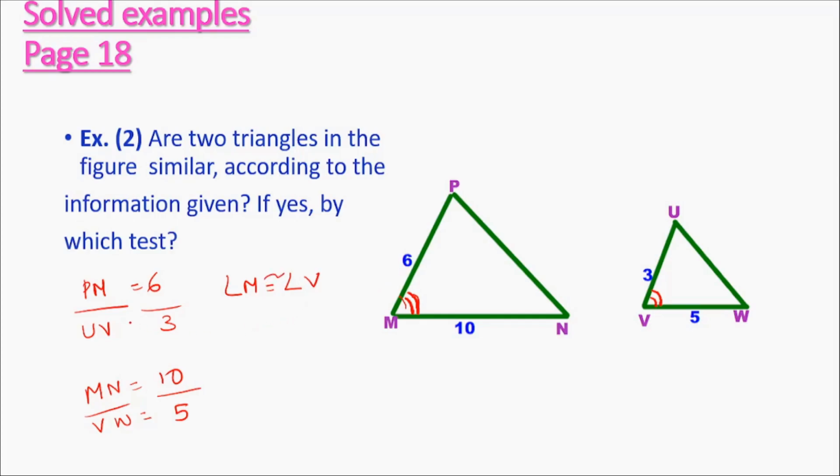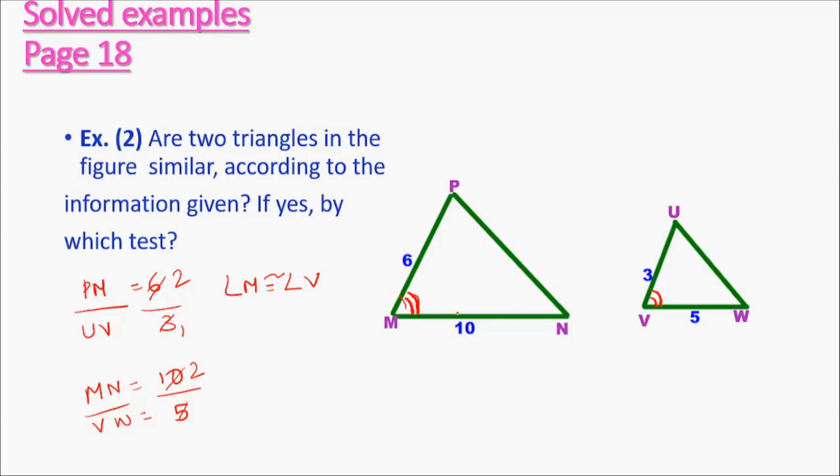Now two sides, let's find out the proportion. 3 ones are 3, 3 twos are 6, right? 5 ones are 5, 5 twos are 10. So the proportion of PM to UV is 2 and MN to VW is also 2, and the angle in between the sides which are in proportion is congruent.